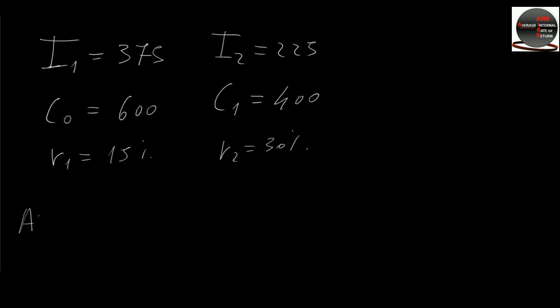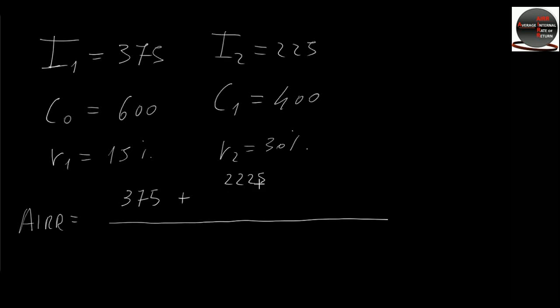And then we can compute the AIRR as total return to total capital, or equivalently as a linear combination of the holding period rates. Now if we use the incomes, we have 375, then we add 225, which we discount by time 2 to time 1.